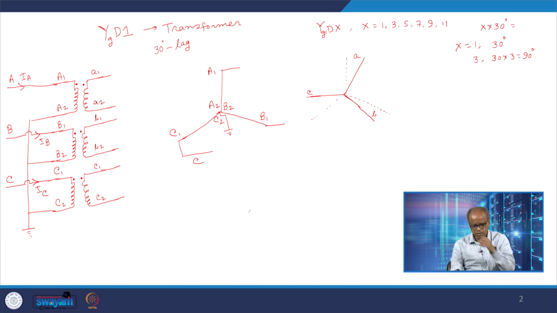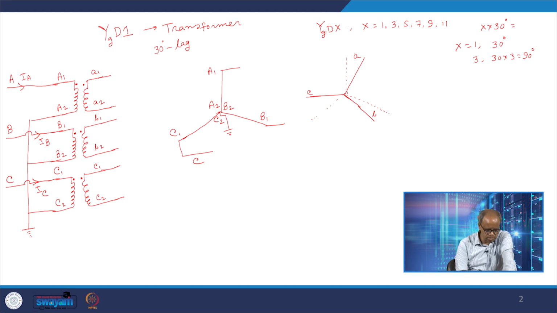But because it is delta, please note that these are nothing but the virtual phase A voltage, virtual phase B voltage and virtual phase C voltage. Because this side is connected in delta, we will not actually get these virtual phase voltages. What we will essentially get is the line to line voltage.